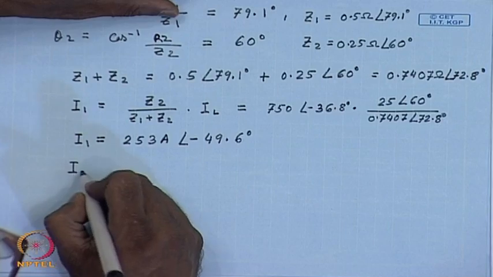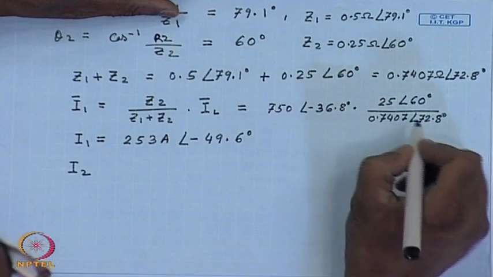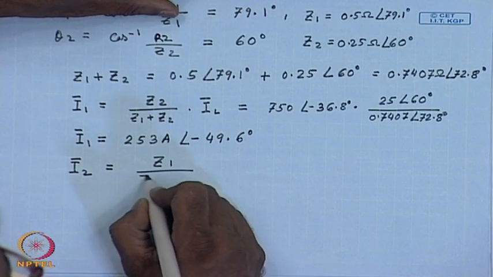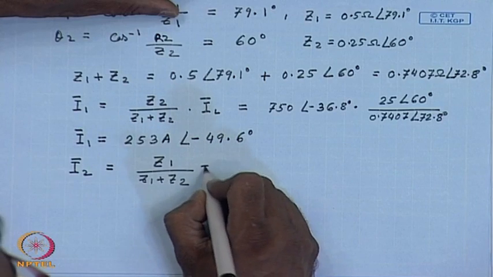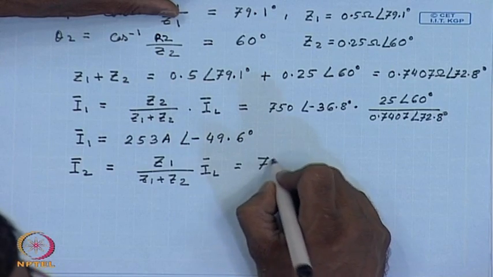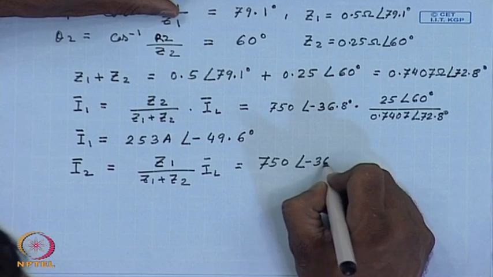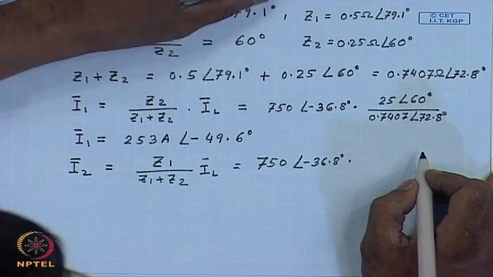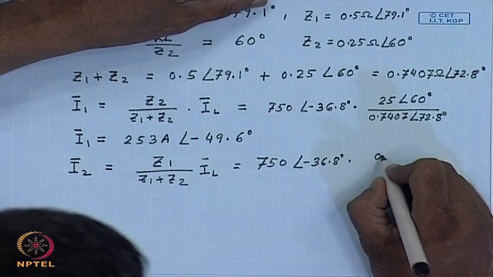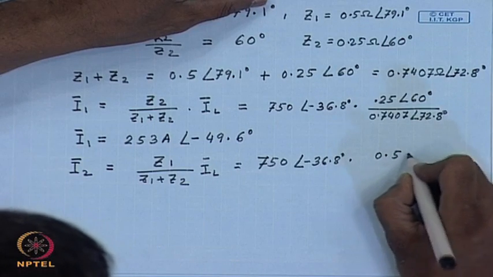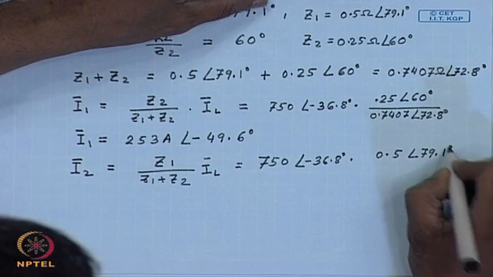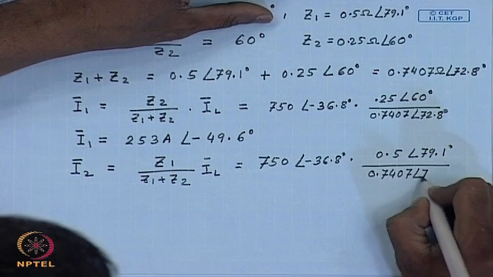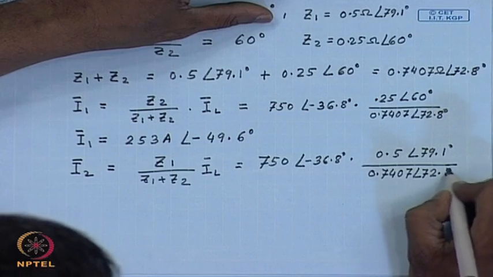Similarly, I2 equal to Z1 divided by Z1 plus Z2 into IL equal to 750 angle minus 36.8 degrees into Z1 is 0.5 angle 79.1 degrees divided by 0.7407 angle 72.8 degrees.